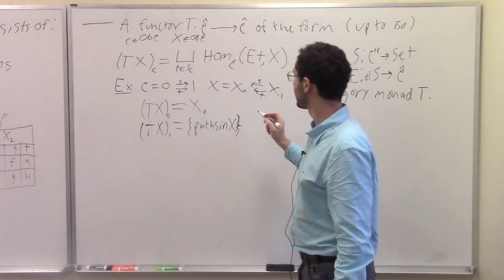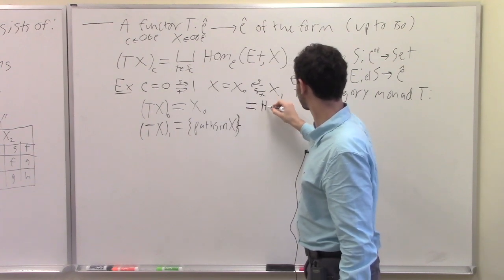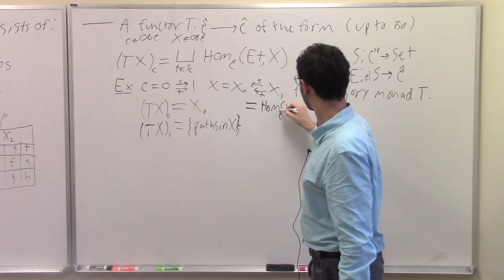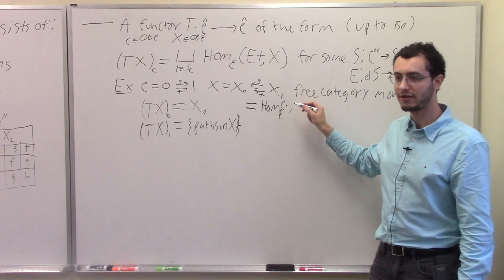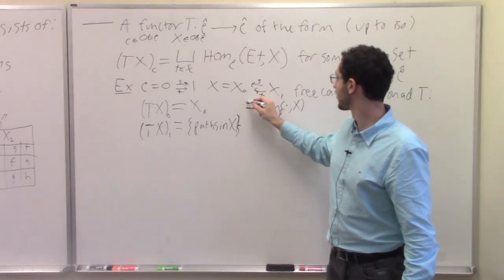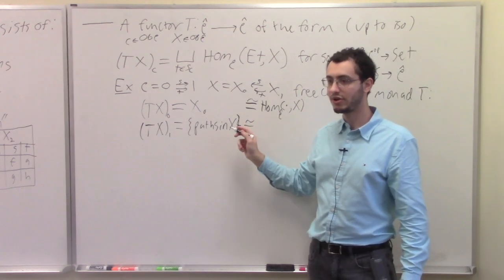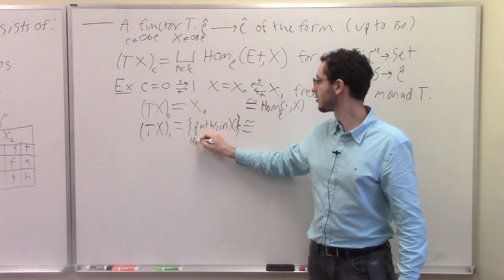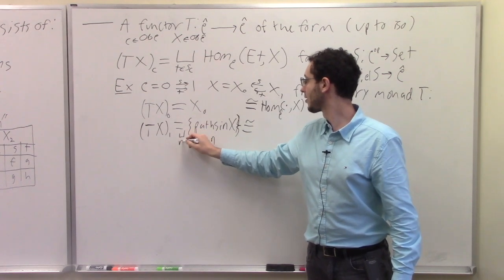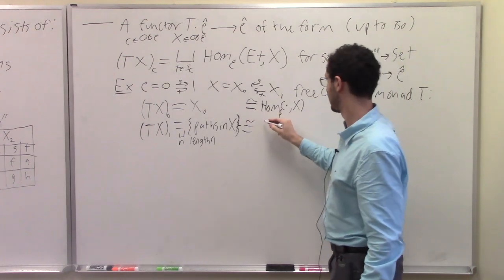But in fact, we can rewrite this. Vertices in X are the same thing as maps of graphs from the walking vertex, which I'll just write as a dot, into X. And paths, we can break up according to their length. So we can think of this as a disjoint union of paths of length n for all n.